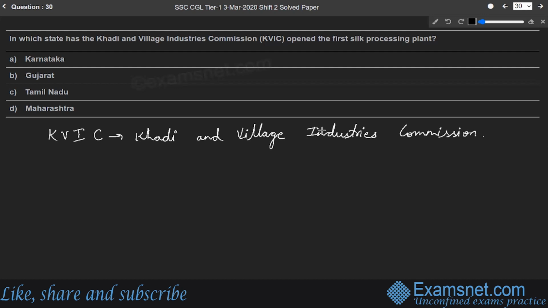Basically, it is a statutory body that is formed by the government of India under an act, which is the KVIC Act.